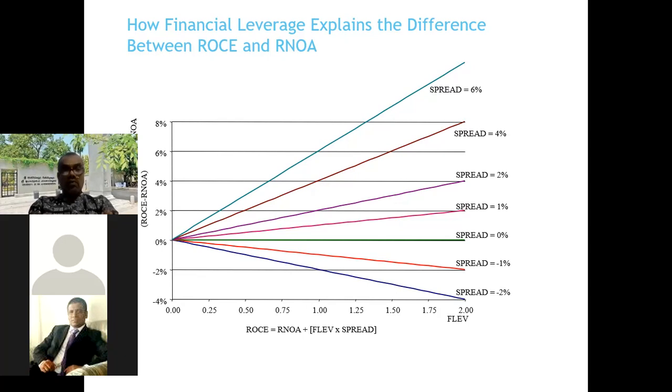Even if you do not know anything about finance, accounting, or financial statement analysis, even a grade 5 student, or maybe grade 10, who understands a graph can say that they observe the x-axis is the difference between ROCE and RNOA. Then, sorry, y-axis, x-axis.